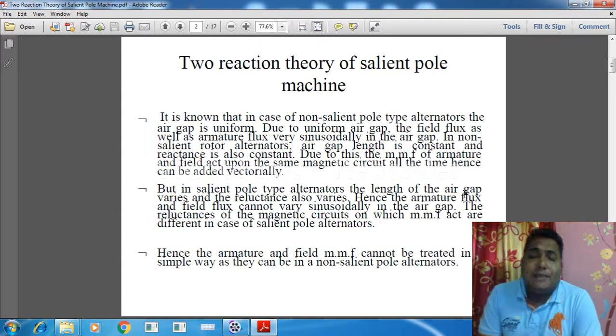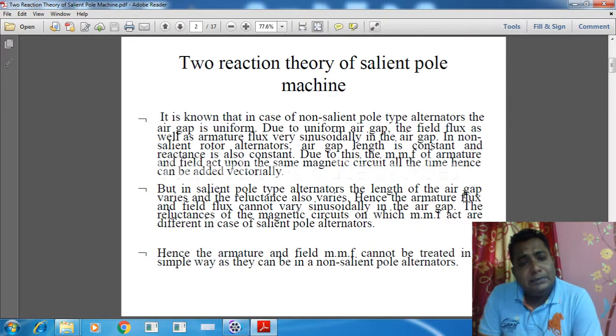When we discussed the construction of alternators, we saw that there are two types of alternators: one is the salient pole alternator and the second is the cylindrical one. In cylindrical alternators, as the air gap is uniform, whatever fluxes are produced, whether field flux or armature flux, vary sinusoidally in the air gap.